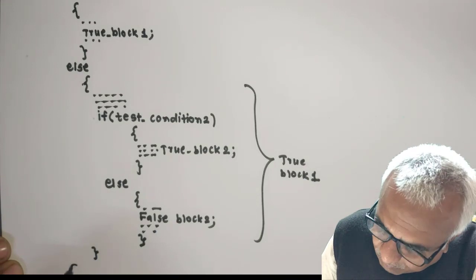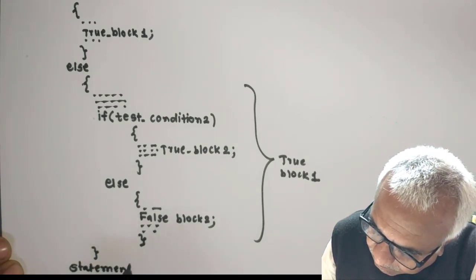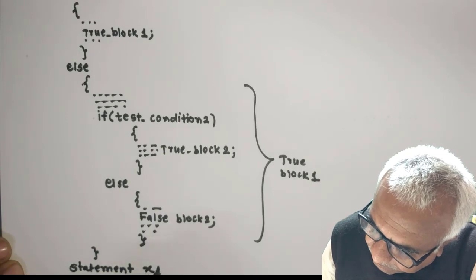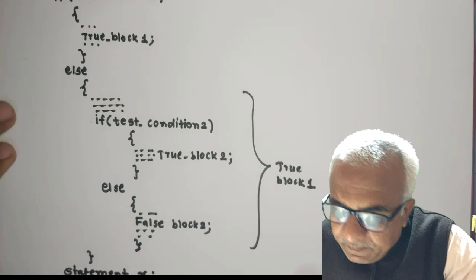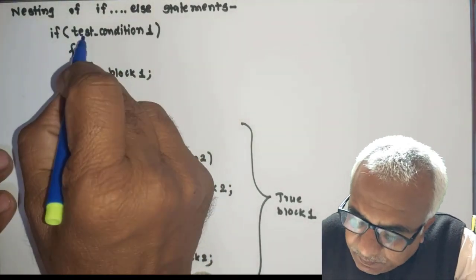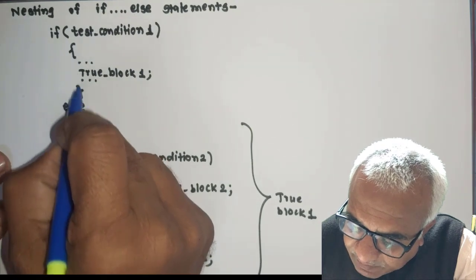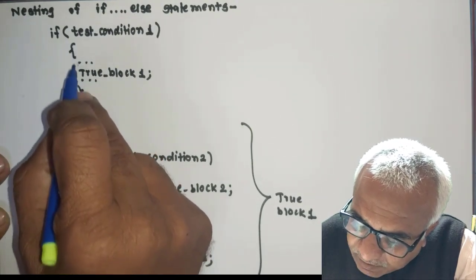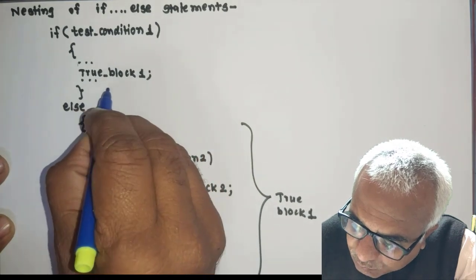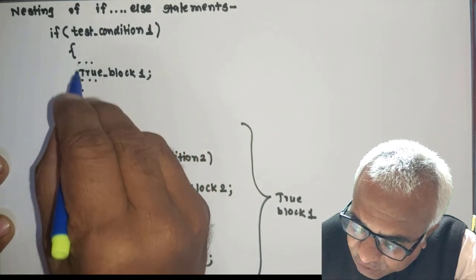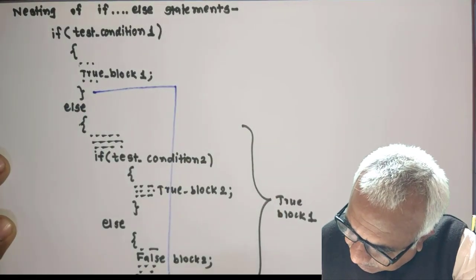And then there will be statement X. If you observe carefully, if this test condition is true, then the true block 1 statements are executed, and after execution of this true block, the control will be transferred directly to the statement X here.